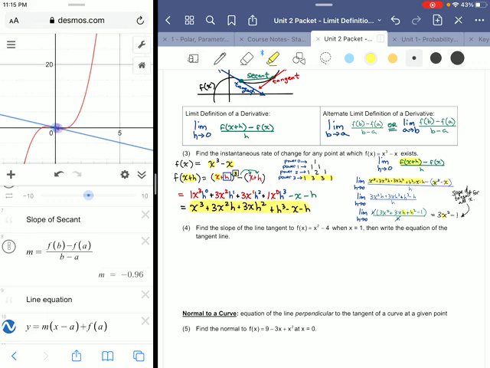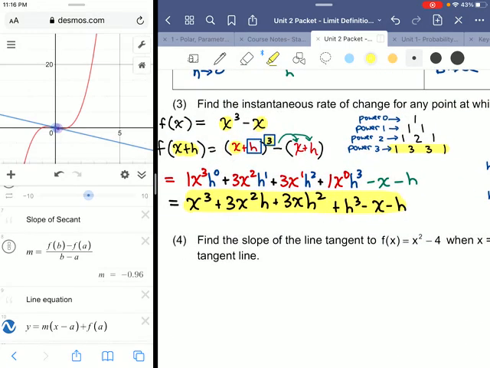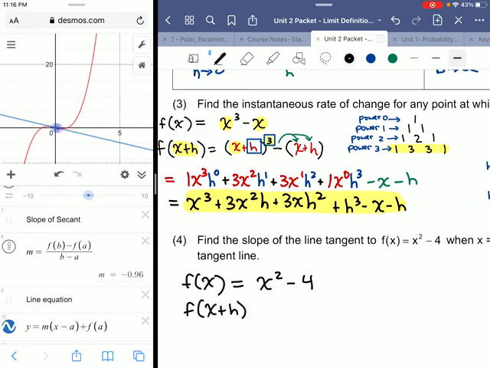The thing that makes this problem a little bit easier is the quality of the function. X squared minus 4 is a lot easier to manage than x cubed minus x was. But you would follow along using the same general strategy. f of x equal to x squared minus 4, and then I would need f of x plus h, which is replacing each of my x values, in this case there's only one, with an x plus h.